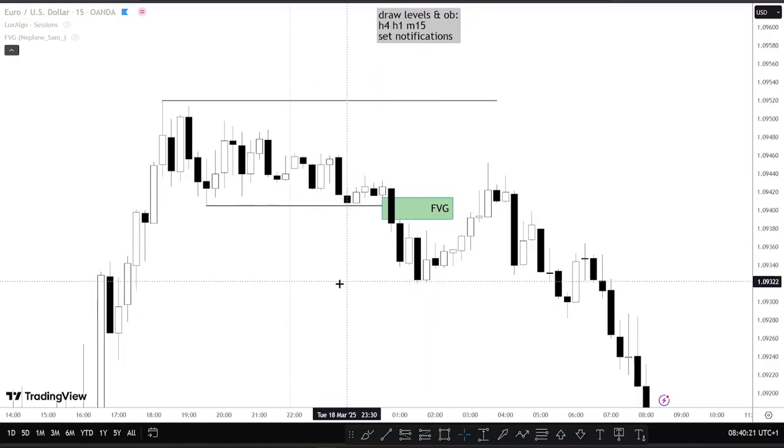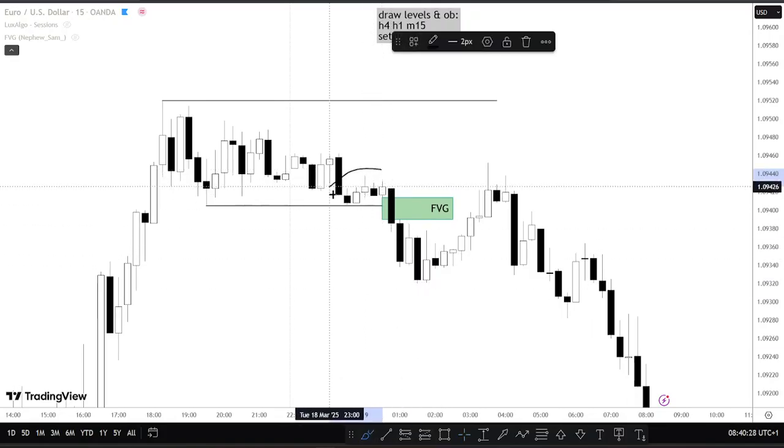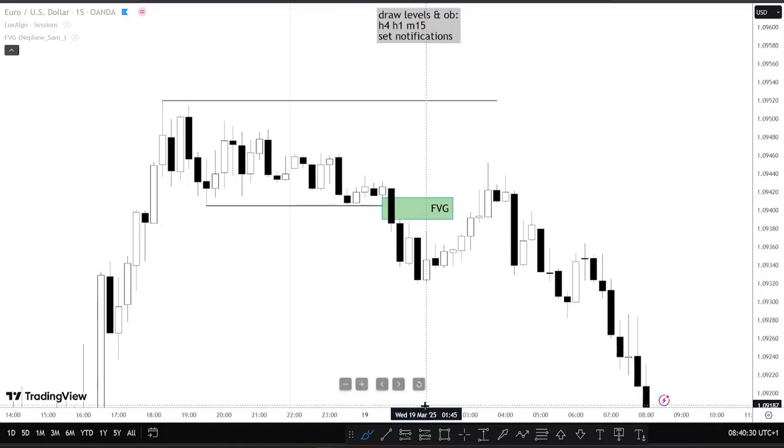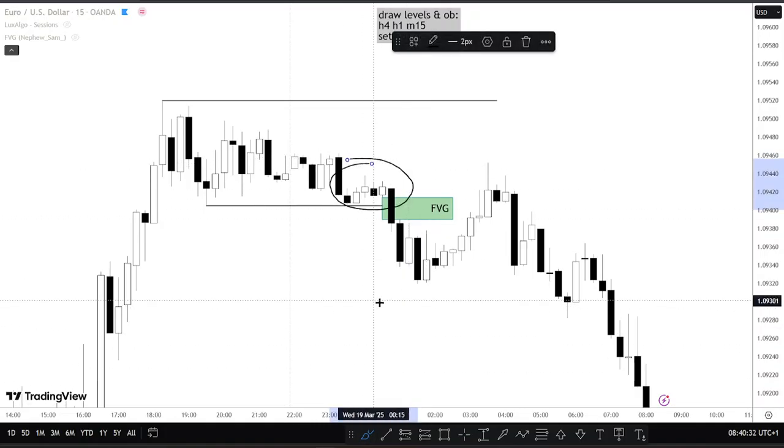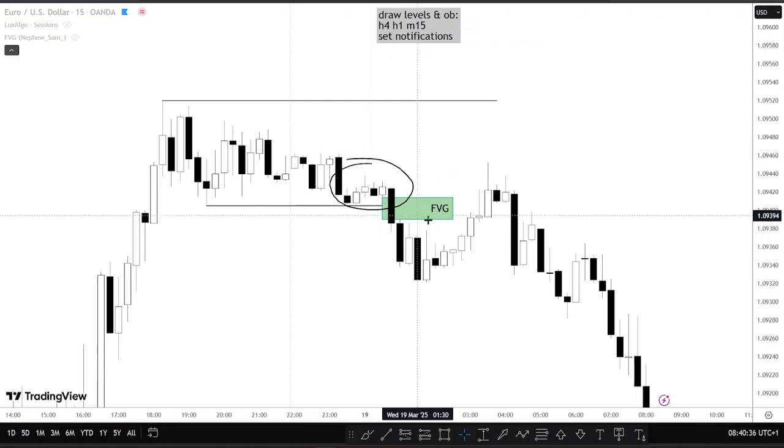There's no overlap. It means we had some power from this area that created this move down. So we had some power in this area that created this move down.